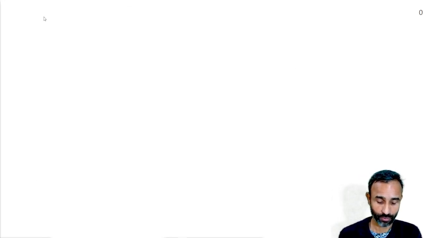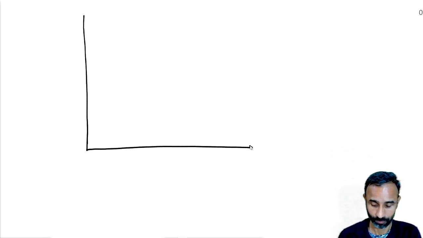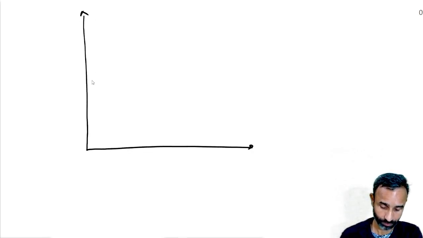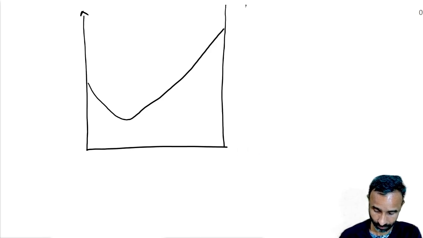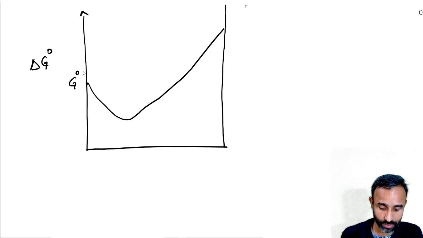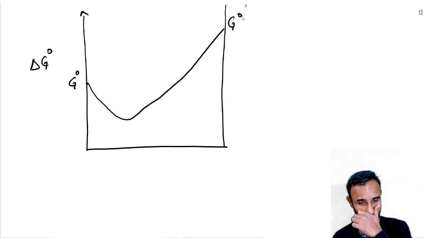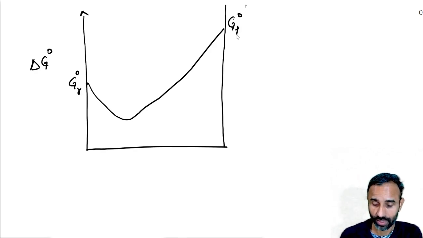Okay, now if we have a process like this, with delta G naught values, let us say this is reactant and this is product.